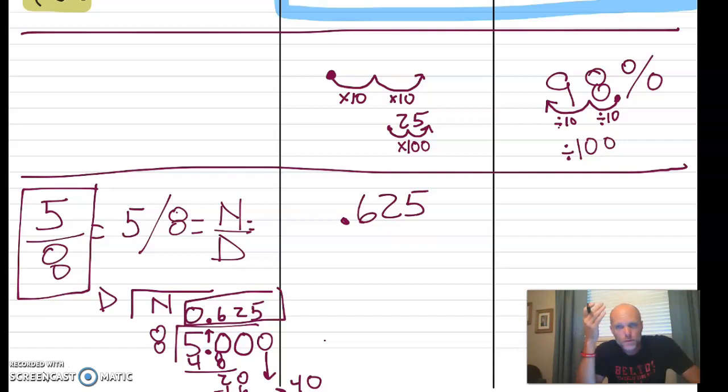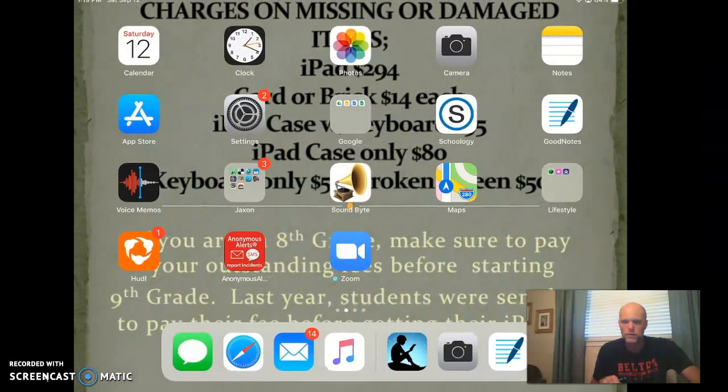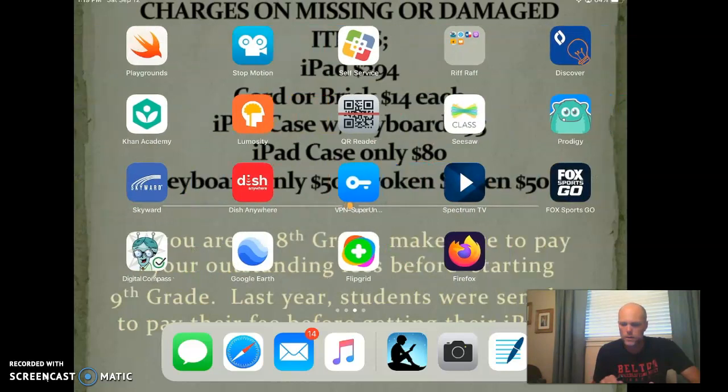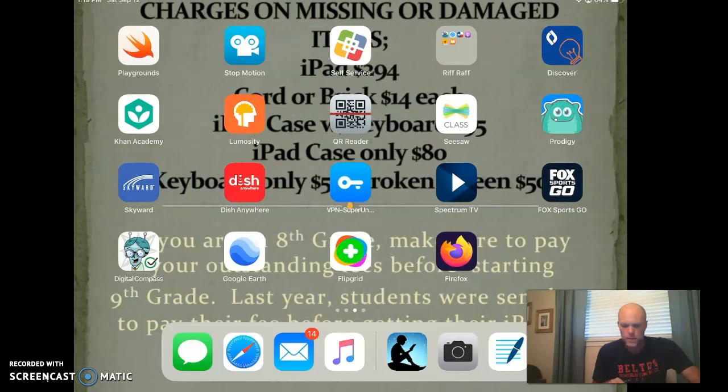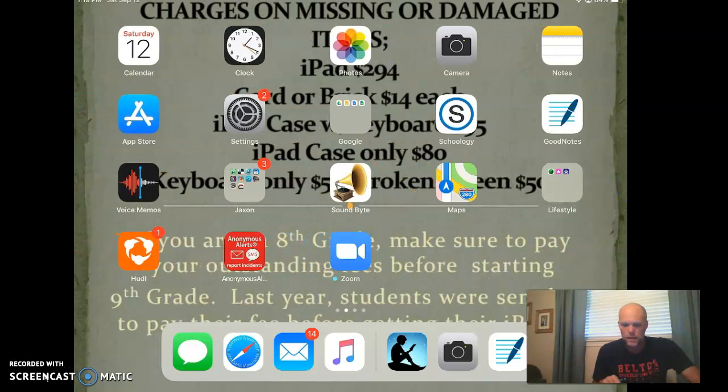So look at that example above. We have a decimal. All we have to do is do what? We have to multiply it by 100. Okay. Let me see if this works. I don't know where the calculator is on my iPad. Maybe I don't have one.